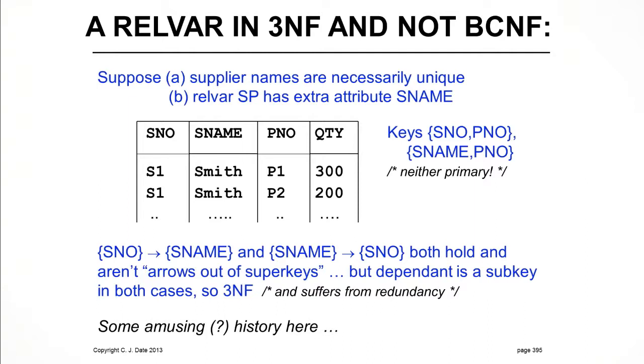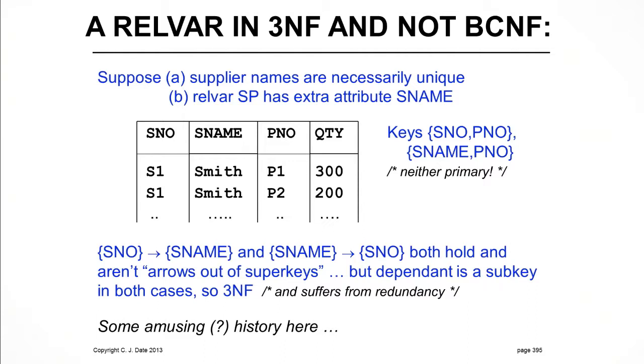So let's look at a quick example of a relvar that's in third normal form but not in Boyce-Codd. Again, I'm going to modify my running example for a moment. Let's suppose that supplier names are necessarily unique, so that supplier name is in fact a key for suppliers, as well as supplier number.